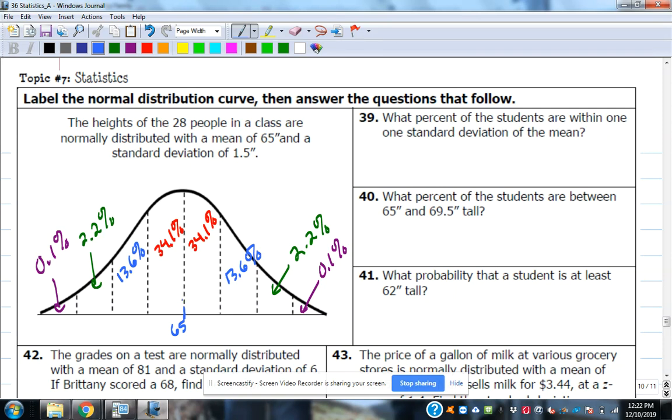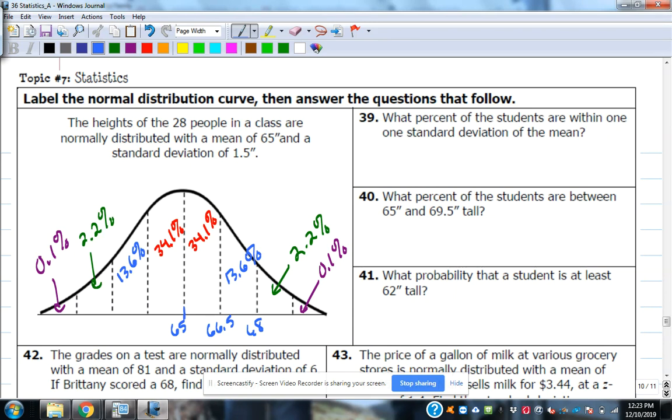What does this line represent? One standard deviation away, so that would be 65 plus 1.5, which is 66.5. The next line up, add 1.5 to that, so that'd be 68.